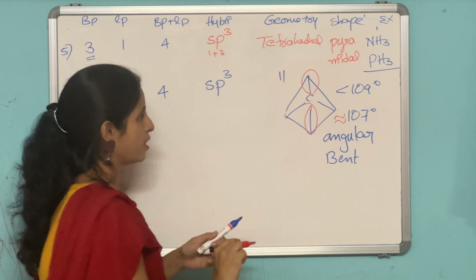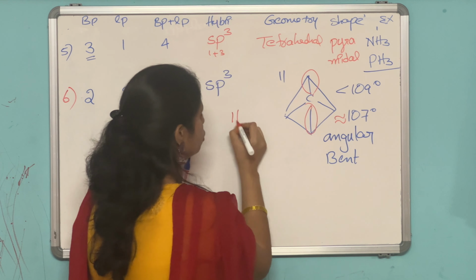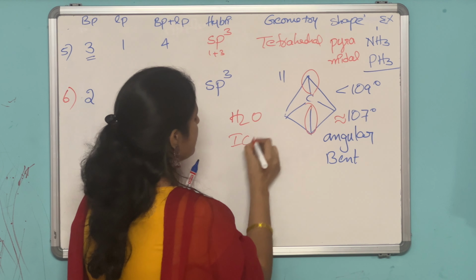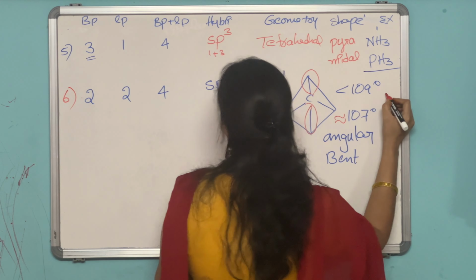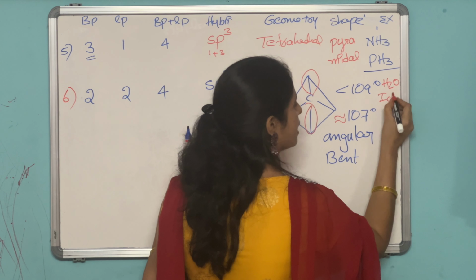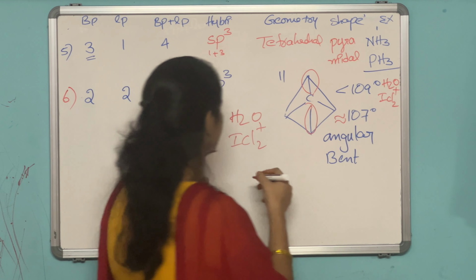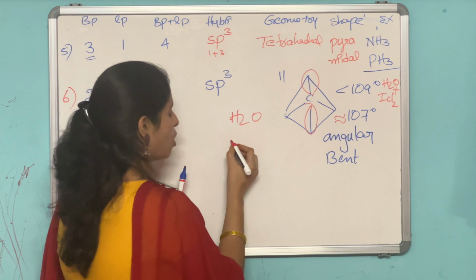And examples for this one are H2O and ICl2 plus, here I'll write this one. H2O, ICl2 plus.